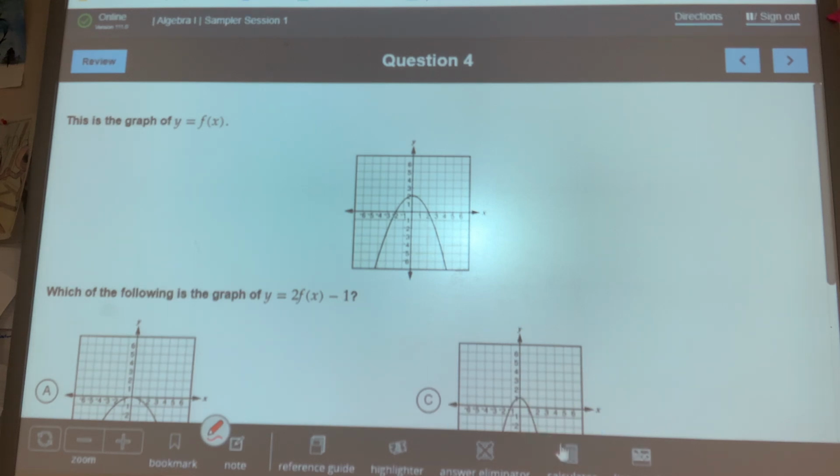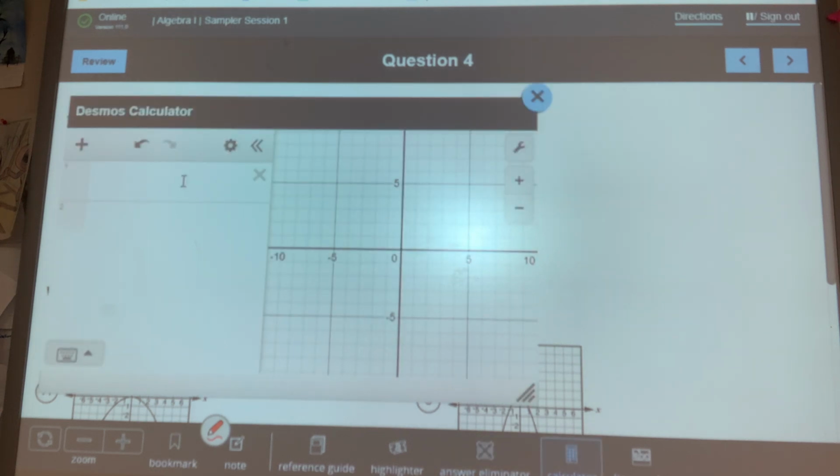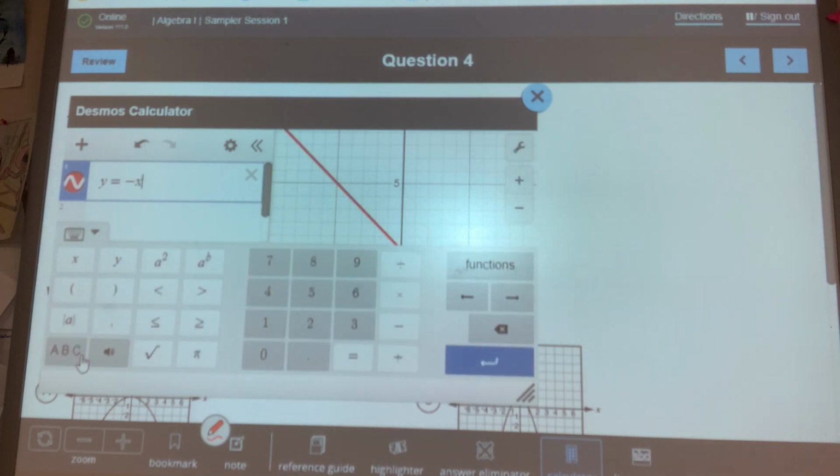Now another way of doing that, I could have gone to my calculator, and I could have typed in y equals negative x, let's say I wanted to make it squared, I could go to that little thing, negative x squared, and then I could do plus 2.